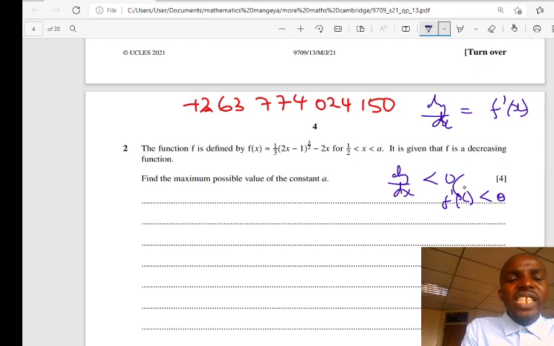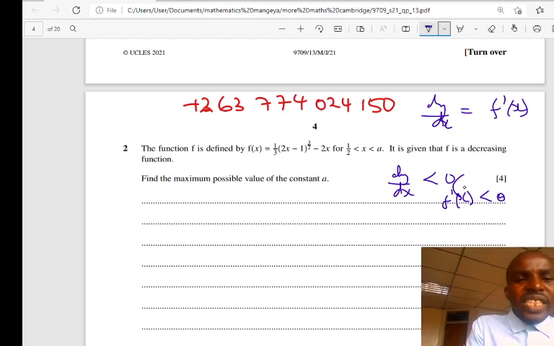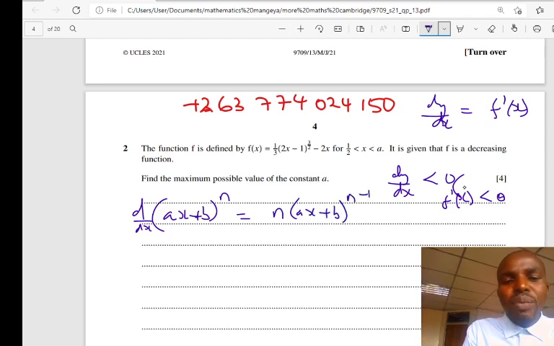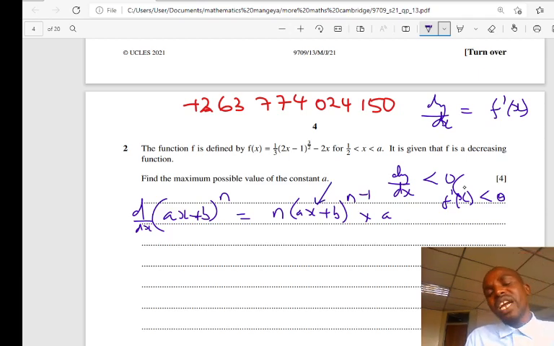Right, let's differentiate this one. There's this form (ax plus b) to the power n. How do you differentiate this one? d over dx: you bring down the power n, then you say ax plus b, you subtract 1 from the power, then multiply by the derivative of what is inside this bracket, right? Ax plus b, derivative is a. So I want to apply the same concept on this part.